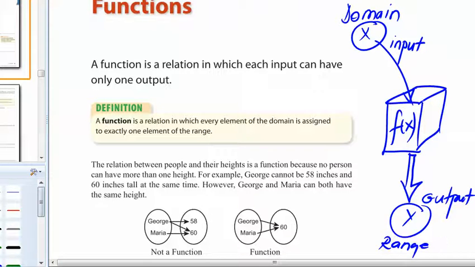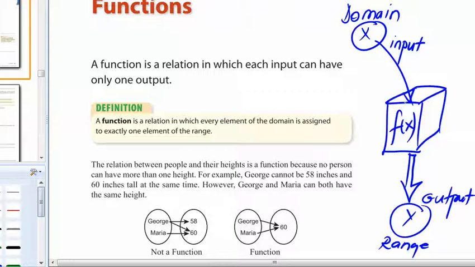In order for this magic box trick to be a function, you need to keep in mind that for the same x that is put inside, you will always have the same output, the same y. And you may have the same output for two different x's, it doesn't matter. As long as you take the same x, put it inside, and the output is always the same, you will have a function.